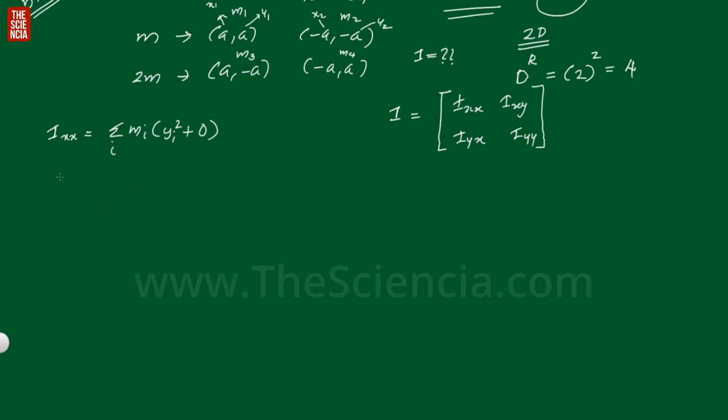And Iyy is equal to summation over i of mi xi square. Ixy must be equal to Iyx, because our moment of inertia tensor is a symmetric tensor, and its value will be equal to minus summation over i of mi xi yi. So we have to find Ixx.